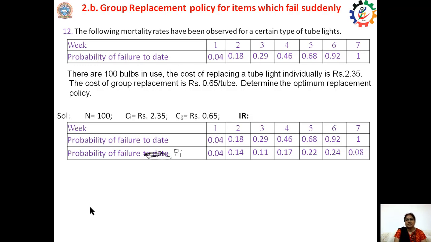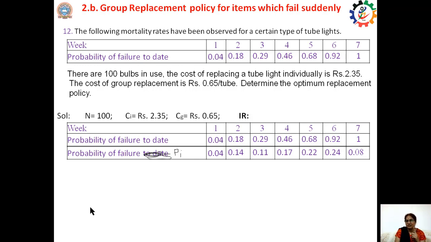How do you identify? Values are continuously increasing, number one. Last value is 1. Or else sometimes, if they give whole numbers, the last value is 100, just like the previous problem. When these values are given, you have to first check.